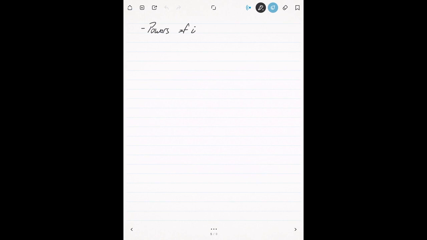So let's first take the value of i to the first. i to the first is just plain old i, right? That's the square root of -1. i squared, well, what is the square root of -1 squared?